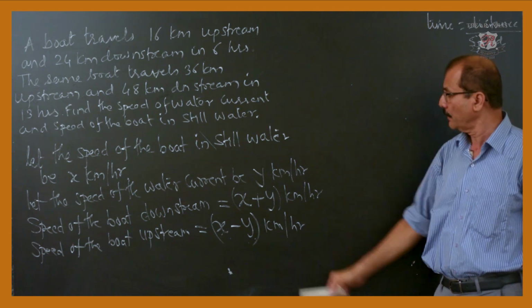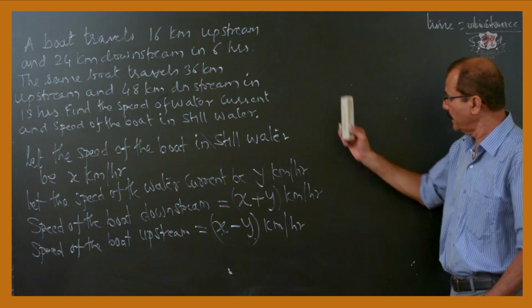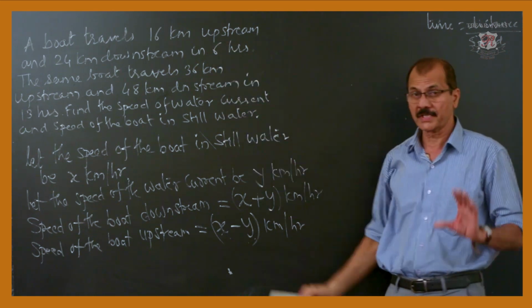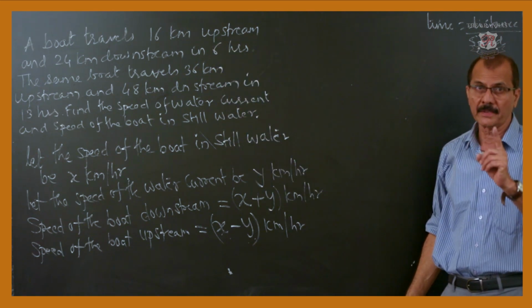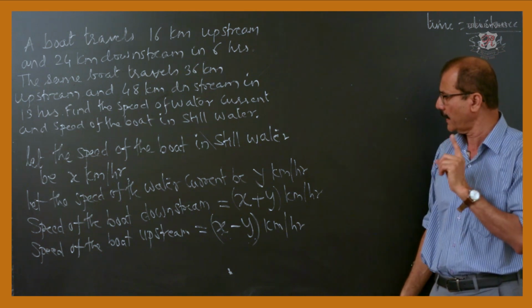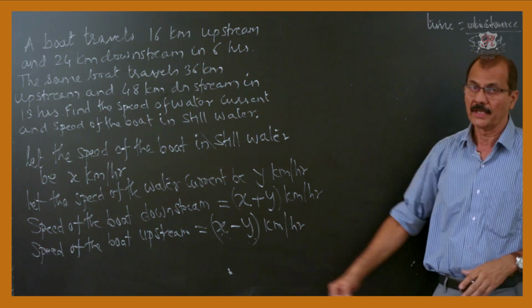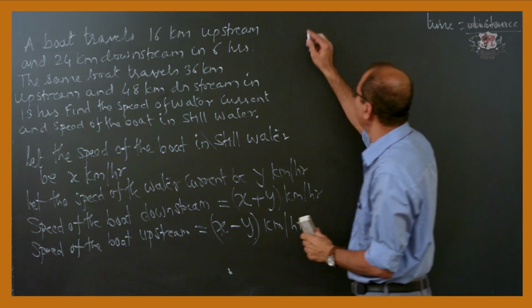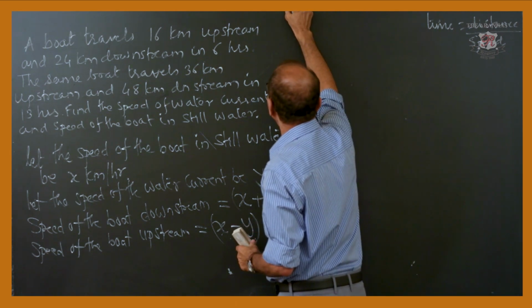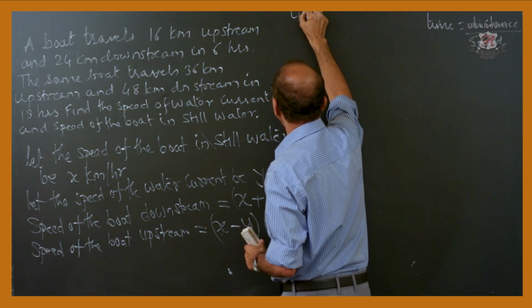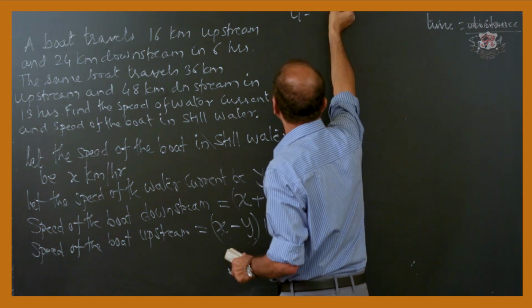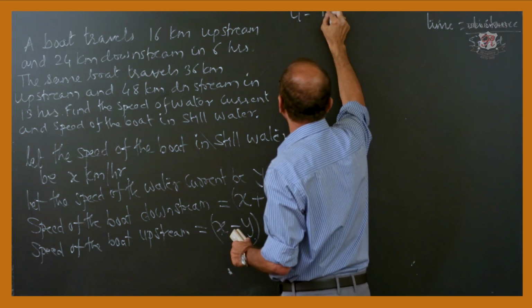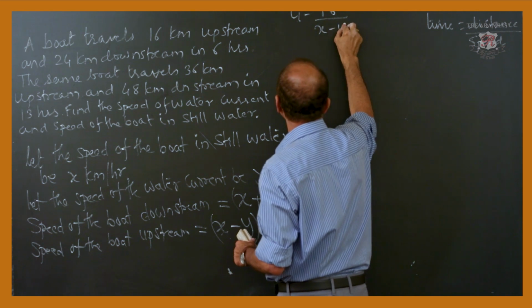Correct? So, you know the distance. What is the distance upstream? 16 kilometer. What is the speed of the boat upstream? x minus y. So, time taken in that case, I will write T1. So, T1 is equal to 16 upon x minus y.